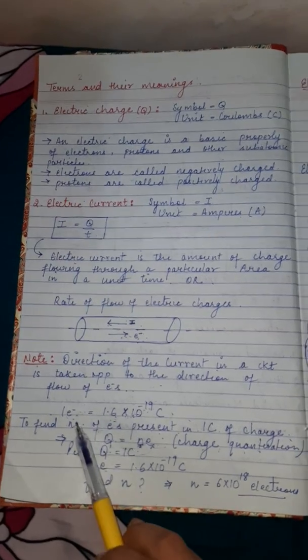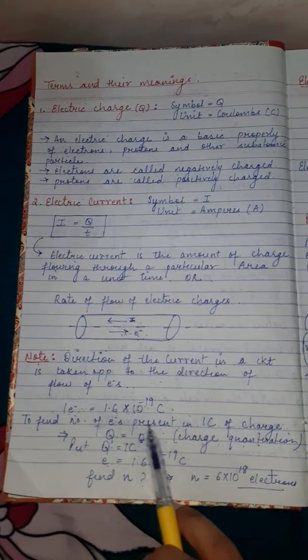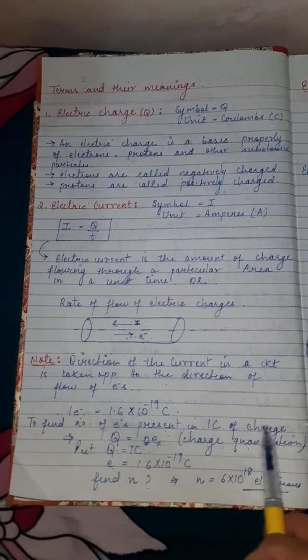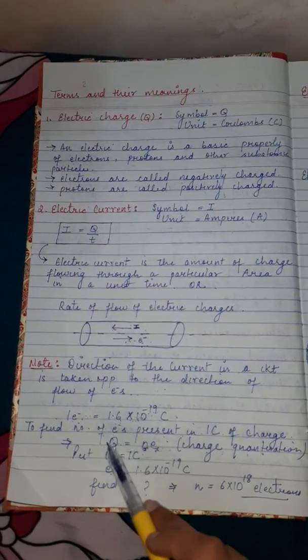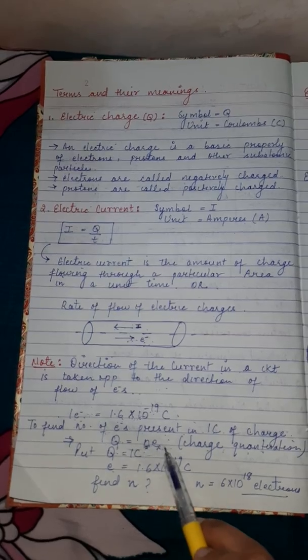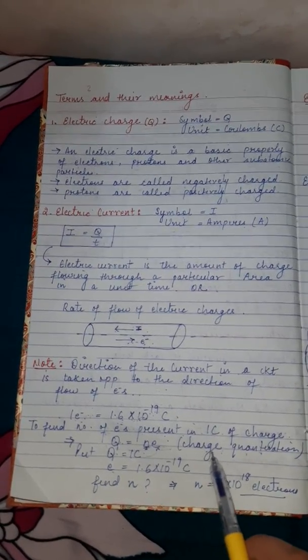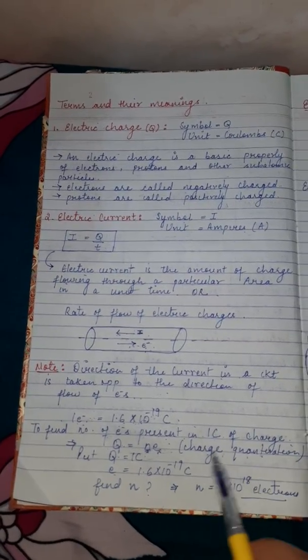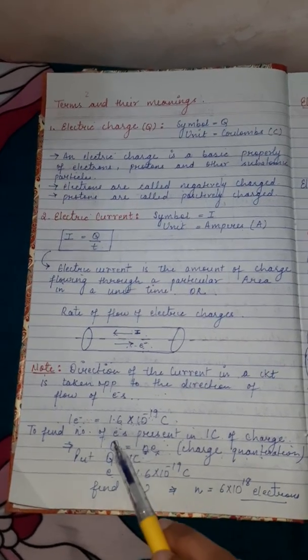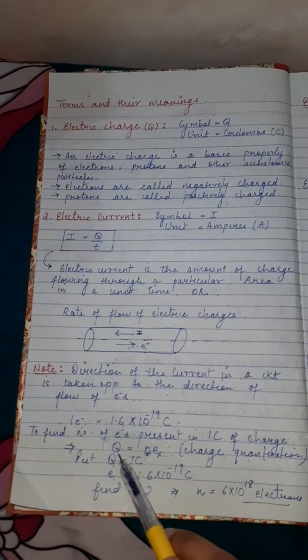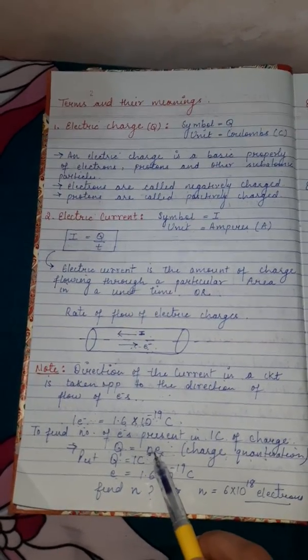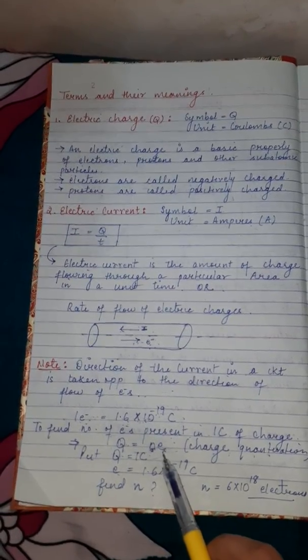Now, if I tell you to find the number of electrons present in say 1 coulomb of charge, how will you do that? Using a relation which is Q equals N e, this relation is known as the charge quantization equation. Charge quantization means that a charge flowing in any circuit or a wire is always written as an integral multiple of a basic unit, which is e.